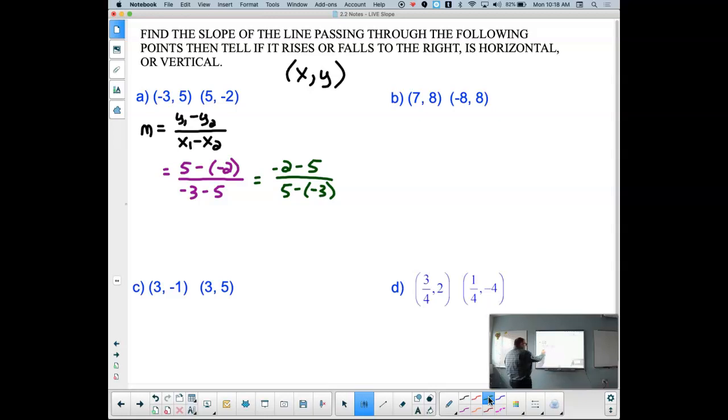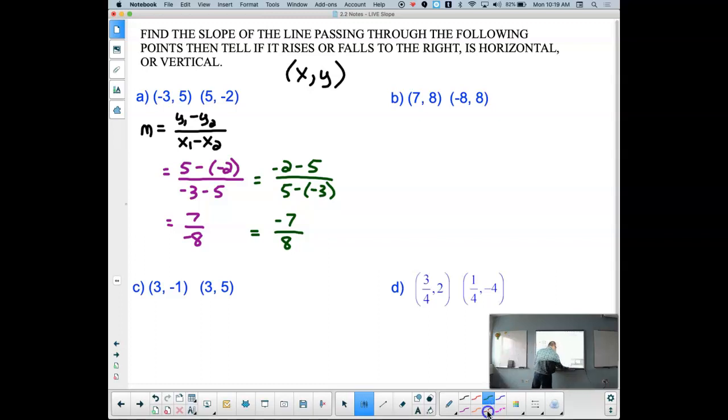5 minus negative 2 is 7. Negative 3 minus 5 is negative 8. Or, if I was doing the green ones, negative 2 minus 5 is negative 7, and 5 minus negative 3 is 8. We get the same thing there.